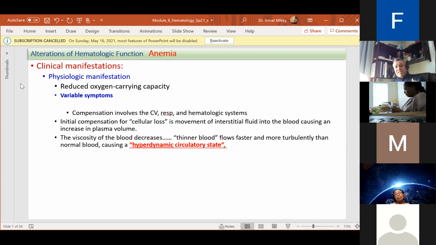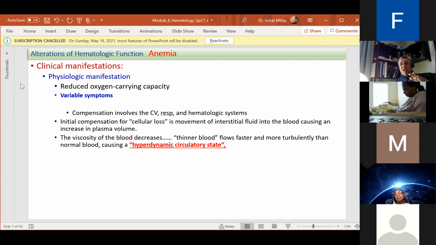The thin blood is going to move faster, so the speed of perfusion will be going faster. So it's going to result in what is called hyperdynamic circulatory state. And so cardiac dilatation and insufficiency of the heart would result if the anemia condition is not corrected.